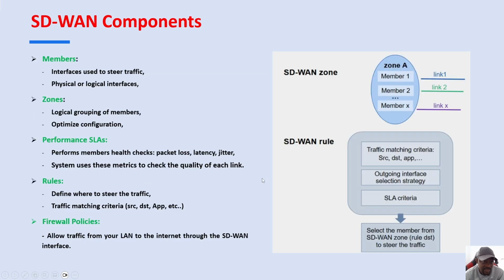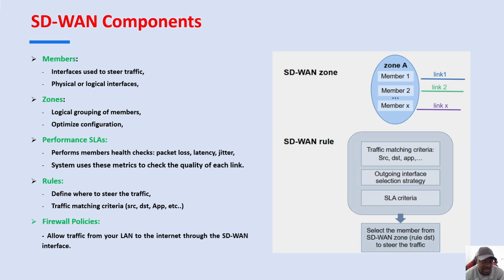So now talking about SD-WAN components. As we already talked about the prerequisites in the previous slide, when it comes to implementing SD-WAN, you need to understand that you have what we call members. Members are the links coming from your ISP.